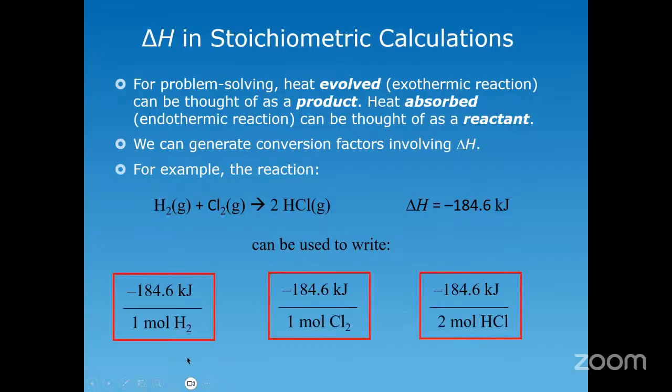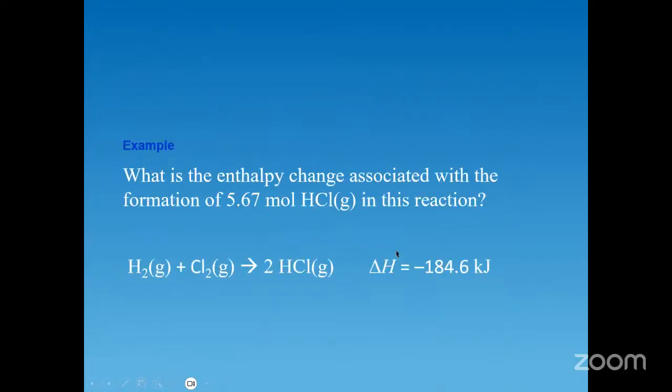For example, you can have minus 184.6 kilojoules over 1 mole of H2, or the other way around, depending on the type of calculation you're trying to achieve. You can do the same thing for HCl or chlorine, and you can use these to solve certain problems, such as this example right here.